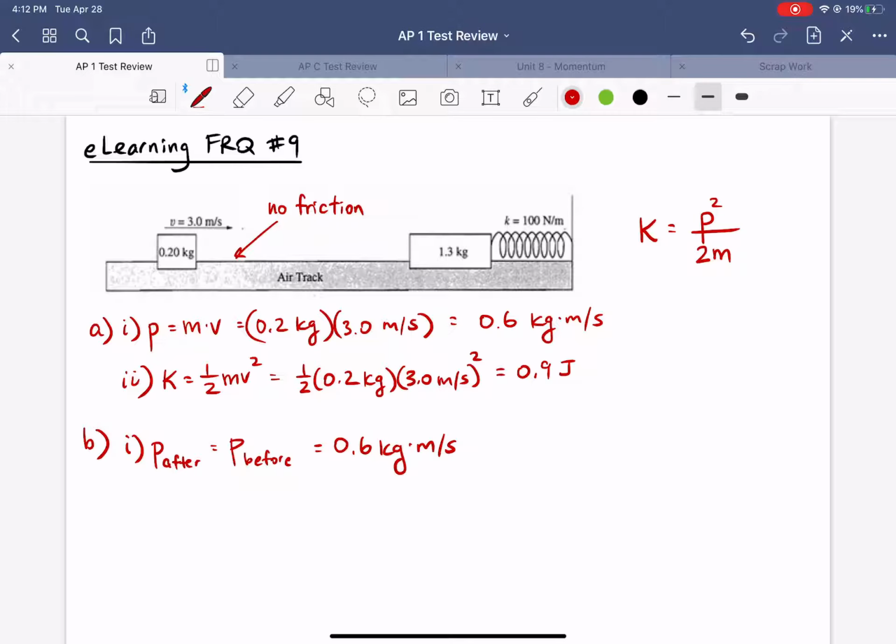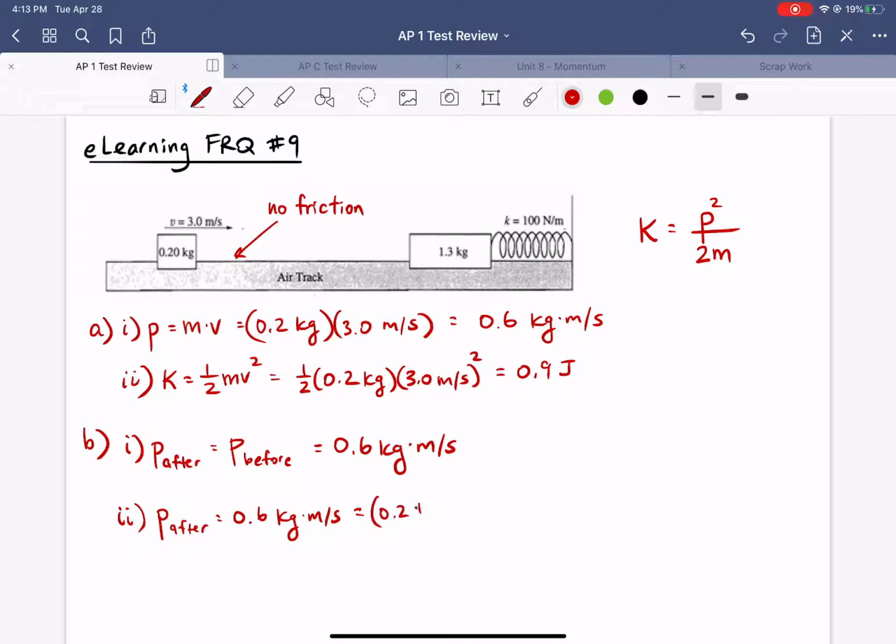However, for part 2, to get the kinetic energy, we do need to know how fast the two blocks will move immediately after the collision. So the velocity is going to change. All right, so we can say that the momentum after the collision, which is 0.6 kilogram meters per second, is equal to mass times velocity, but this time the mass that is moving is the combined mass of the two objects.